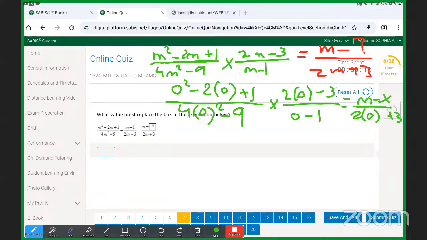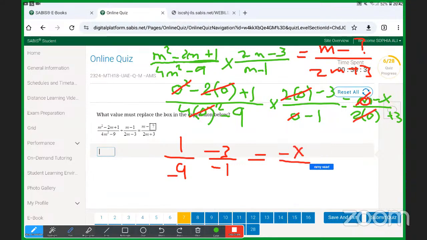So here we have 0. Okay, cancel zeros. So cancel, cancel, cancel. So it will be 1 over 1 over negative 9, sorry. Cancel, cancel. Negative 3 over negative 1 equal to, okay, m here must be 0. Cancel, cancel. So it will be negative x over 3. That's great. Okay, negative by negative.